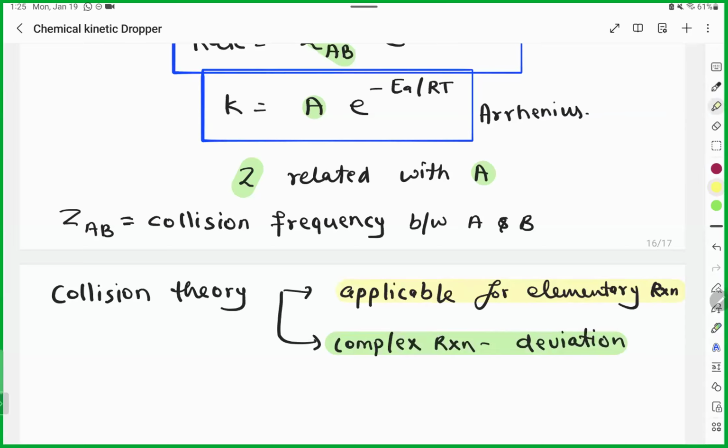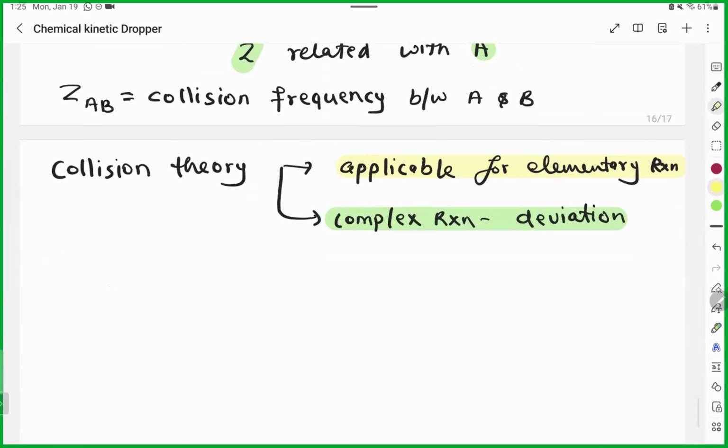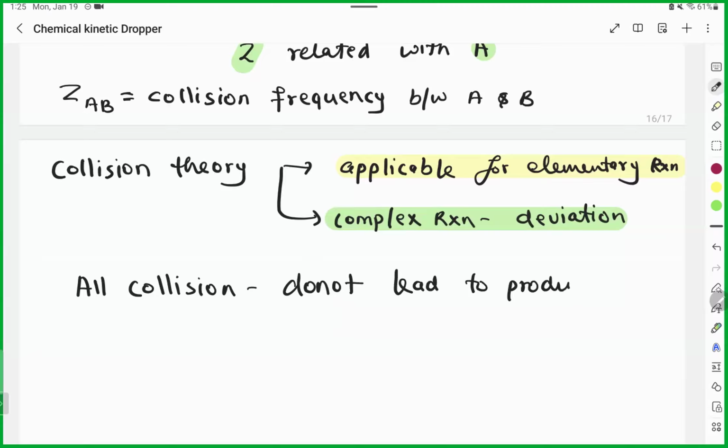of dealing is different. And second, in this complex reaction or any other reaction, all collisions do not lead to the product formation.